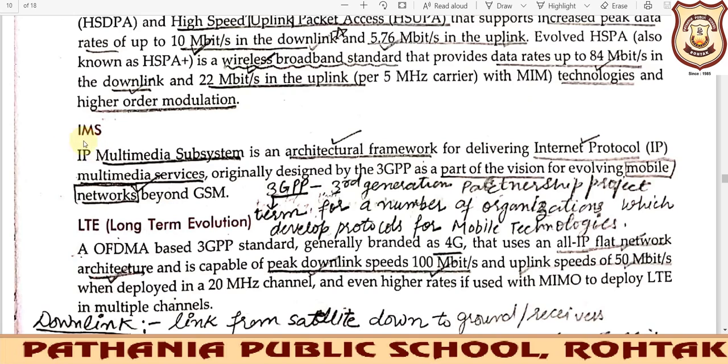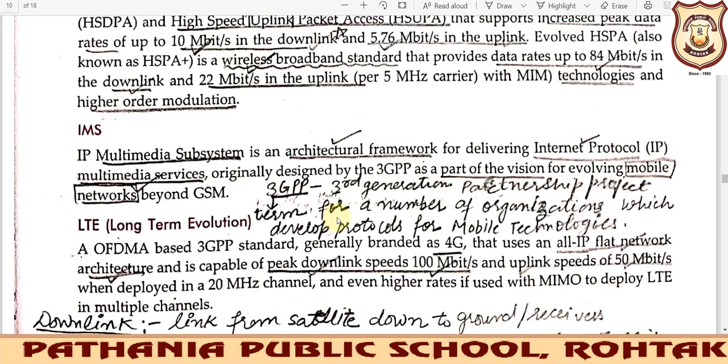Fine. Next is your IMS. IMS stands for IP multimedia subsystem. Actually it is used for delivering multimedia services. Fine. That is designed by 3GPP. What is 3GPP? It is the third generation partnership project.